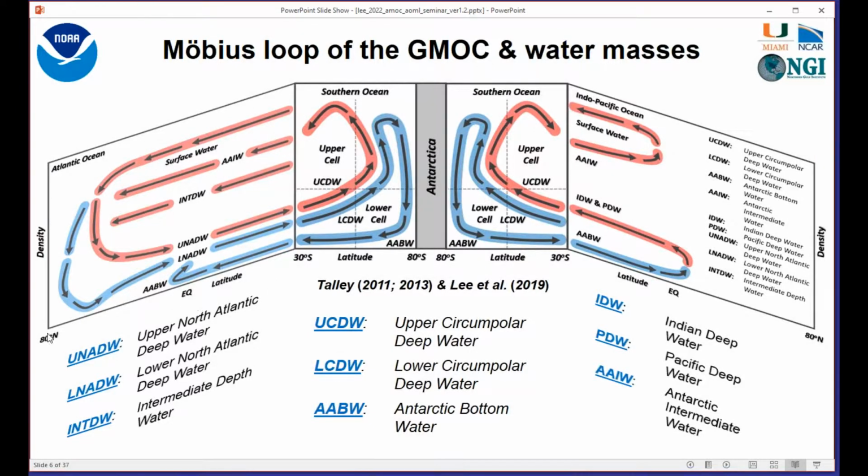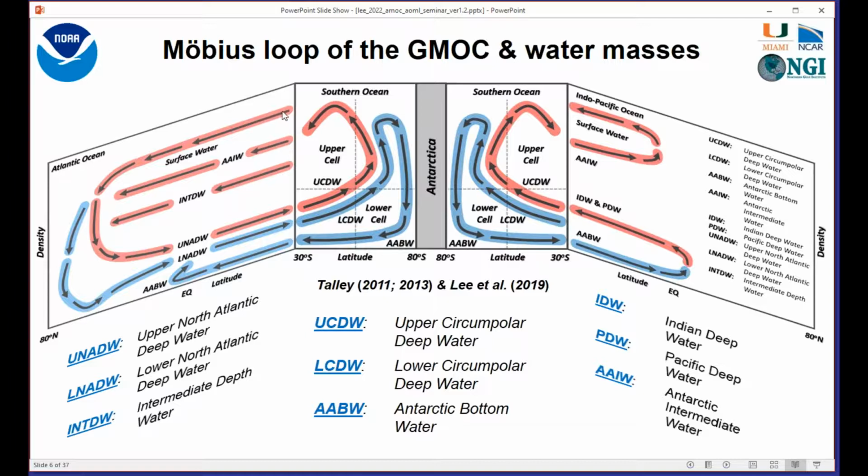The vertical coordinate is density. It's a loop, like a Möbius loop. It's not two separate cells, an upper cell and a lower cell. They're all interconnected. You start from one point, you will touch all the different points, and you can come back to the original point. So I can start from anywhere, but let me start from the Atlantic Ocean here.